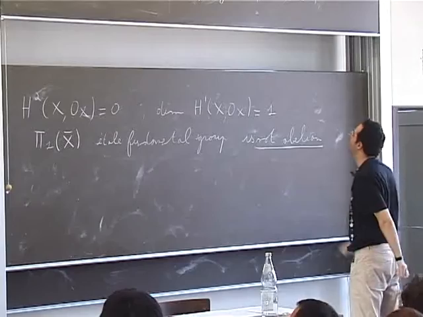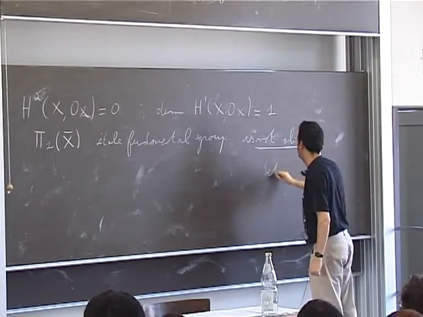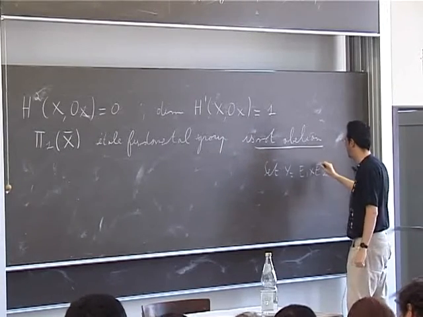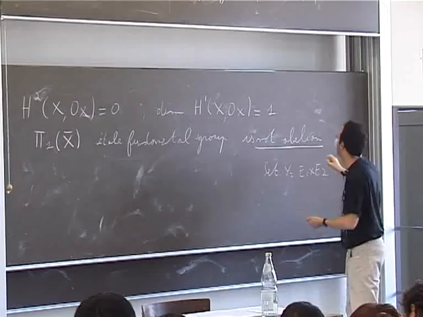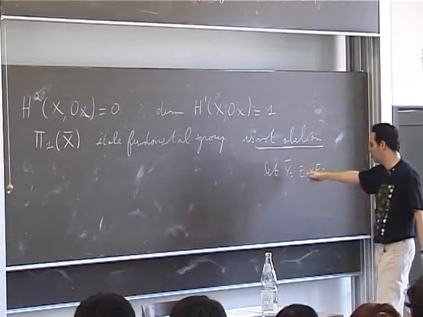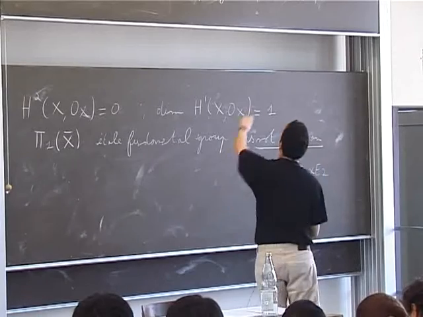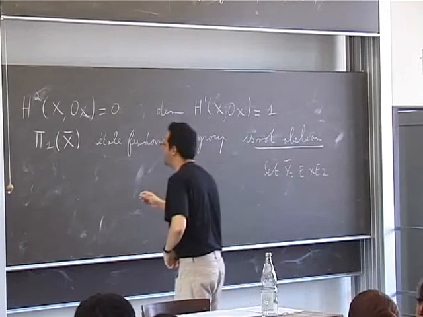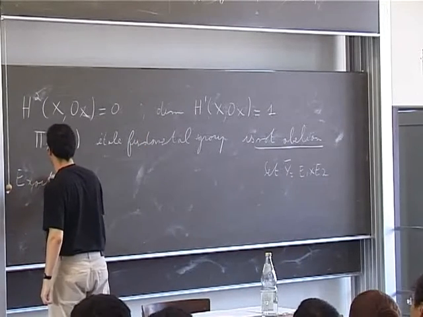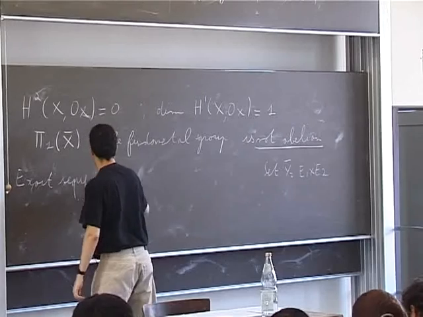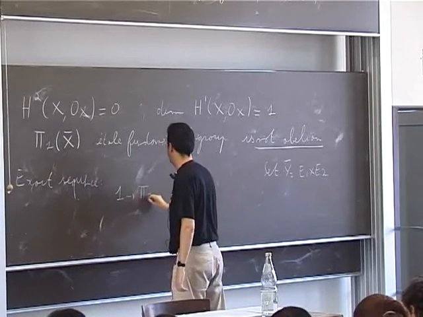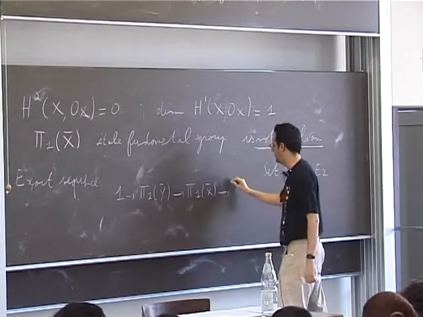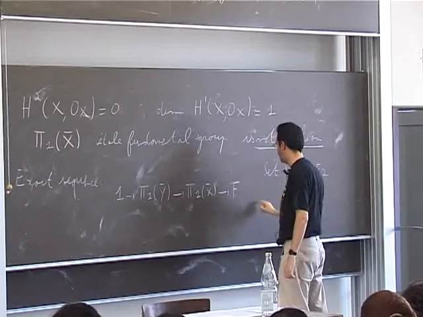This is quite easy to see, because if you set y, the product of the two elliptic curves, let's say y bar, just to recall that it is over k bar, then using the étale covering y bar goes to x bar with the group F, you have an exact sequence like this: 1, pi 1 of y bar, pi 1 of x bar, and here the group F, finite abelian.